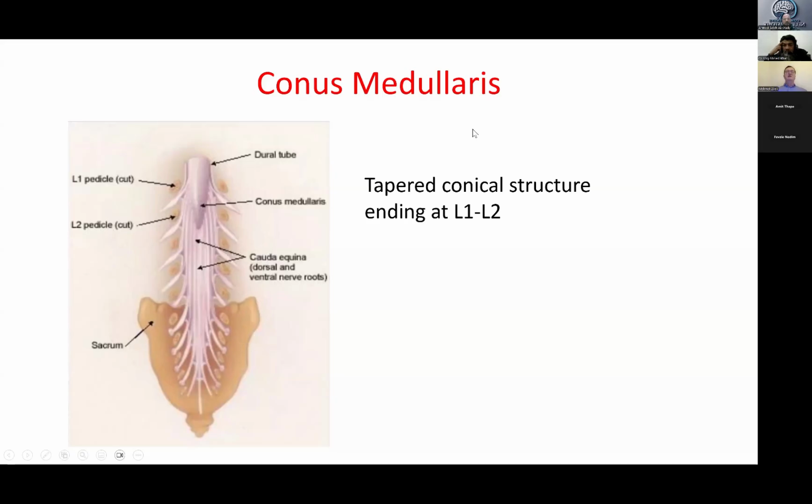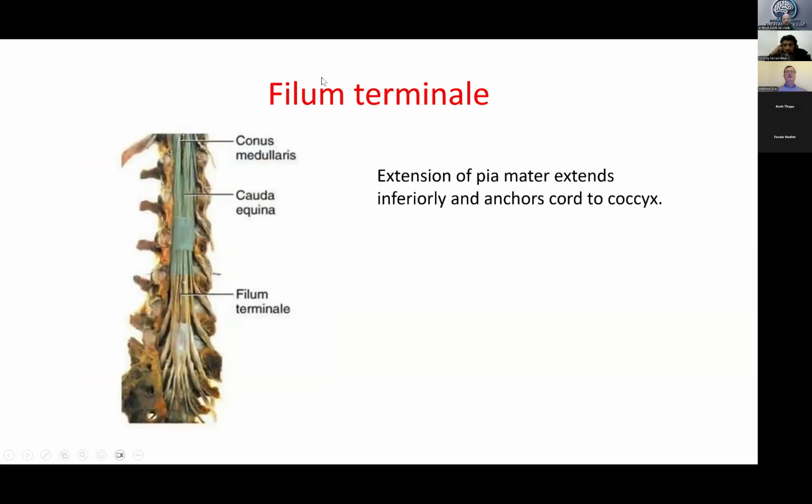The conus medullaris is the tapered conical structure of the ending at L1, L2. This is because it is conic shaped, and it includes all the sacral levels. And the filum terminale is an extension of pia mater extending inferiorly and anchors the cord to the coccyx.